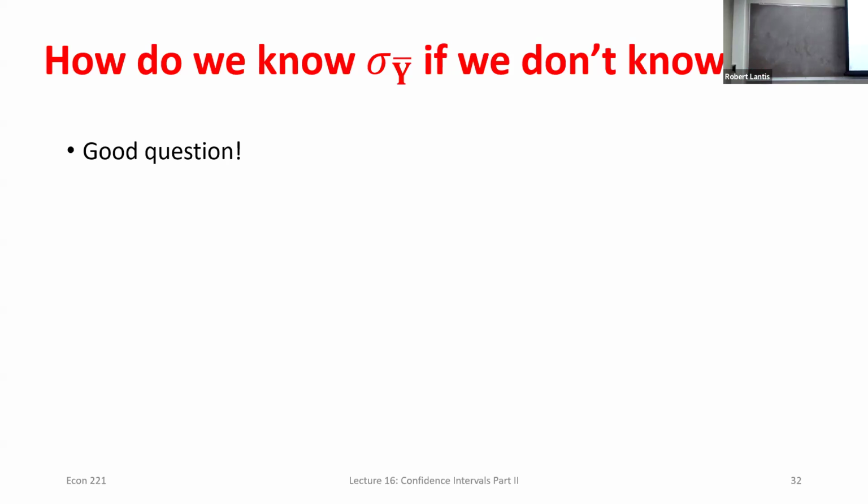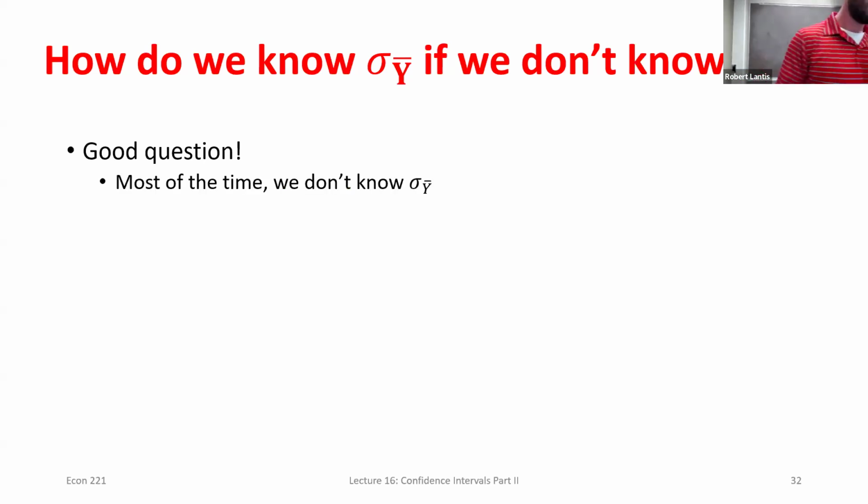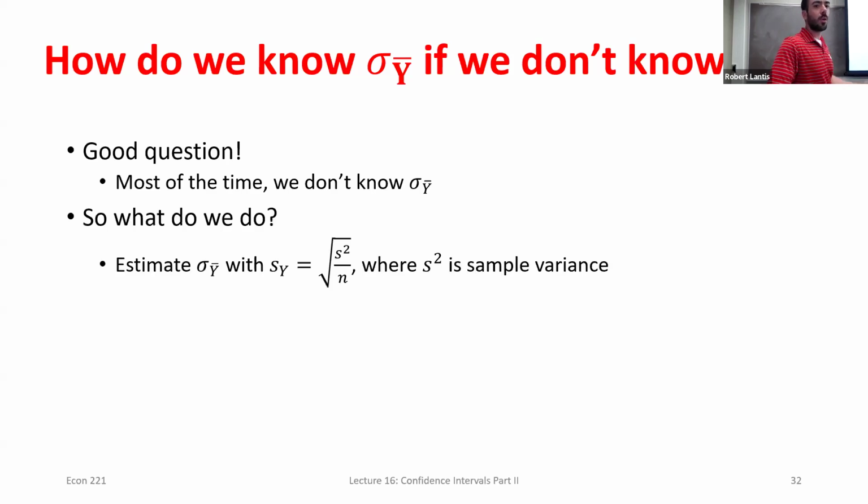More often than not, all we're going to have is our sample variance. So most of the time, we're not going to know the population standard deviation, because I don't have the original population data. So what am I going to do? I'm going to use my best estimate, which is just the variance that I see from my sample, right?